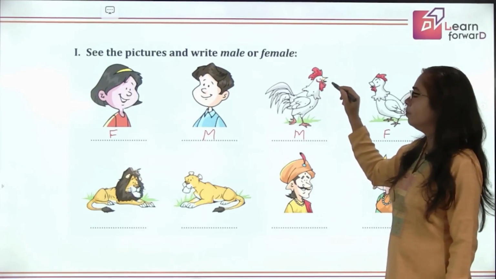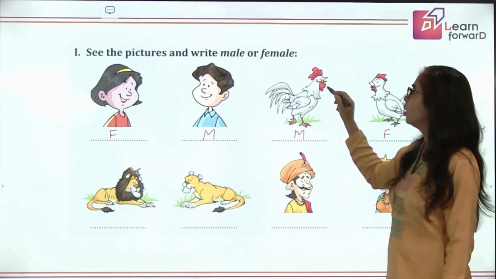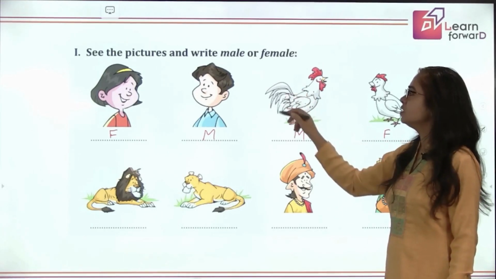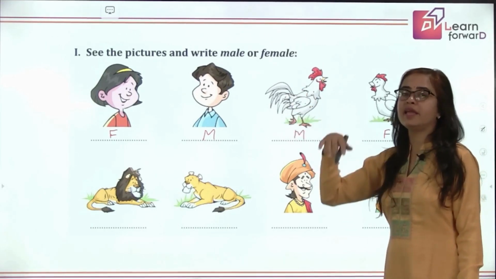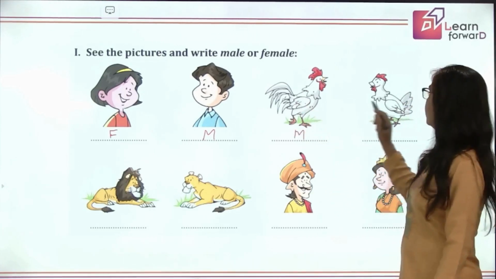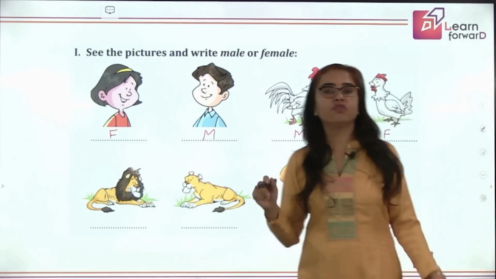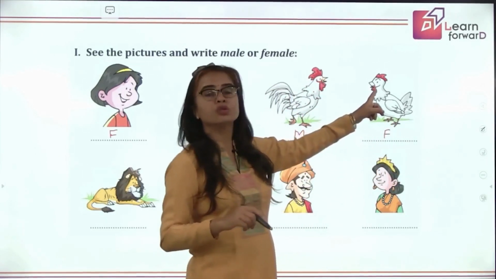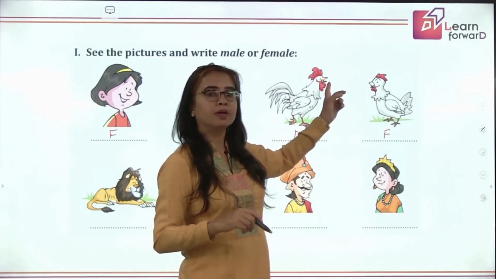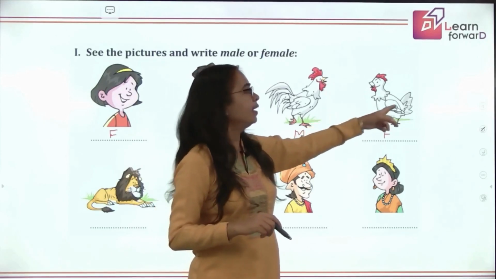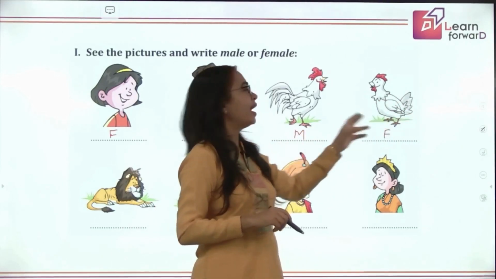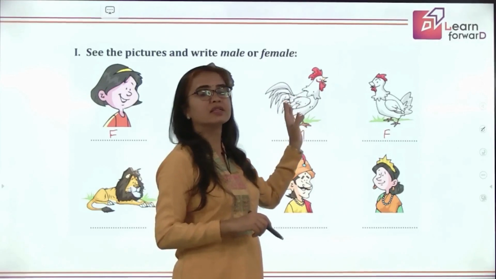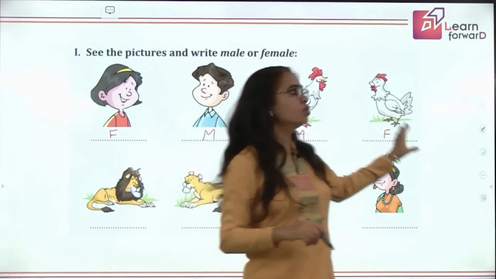The male has the bigger comb, the cock. And can you see these feathers also like a tail? This is a cock, but it does not happen in case of a female, in case of a hen. The comb is also smaller, shorter as compared to the cock, and its tail is not as fluffy as a cock has. So this is a female.